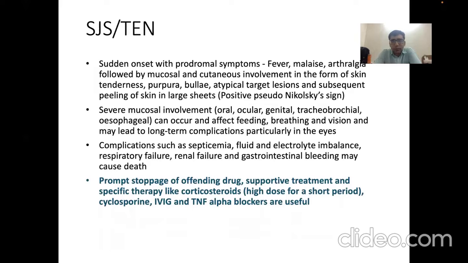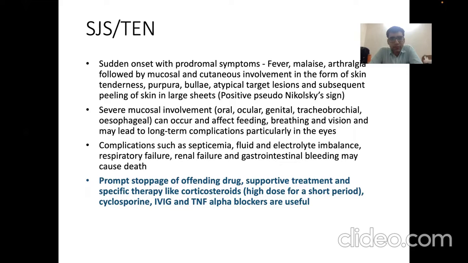Sudden onset with prodromal symptoms like fever, malaise, arthralgia, followed by mucosal and cutaneous involvement in the form of skin tenderness, purpura, bullae, atypical target lesions, and subsequent peeling of skin in large sheets, also known as positive pseudo-Nikolsky sign.